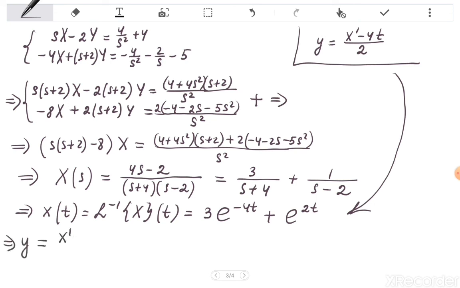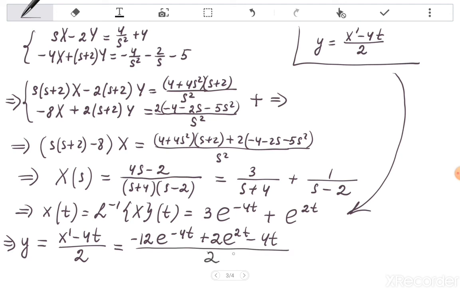This is x prime minus 4t over 2. So x prime we can find easily, right? Since we already have x here. In fact, since we have the derivative, minus 4 times 3, this is minus 12 e to the minus 4t plus 2e to the 2t minus 4t over 2.